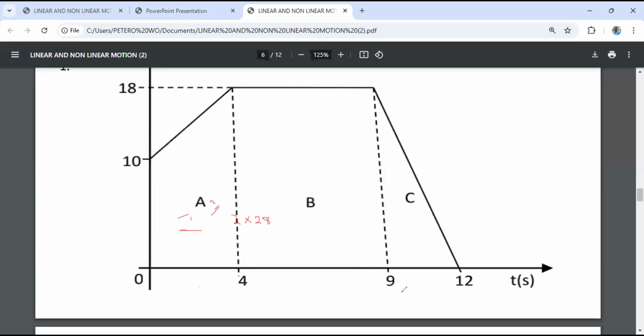So the time interval between 4 and 9 is 5, because we will get this 9 and we subtract off the 4. So the interval between there is 5 seconds.